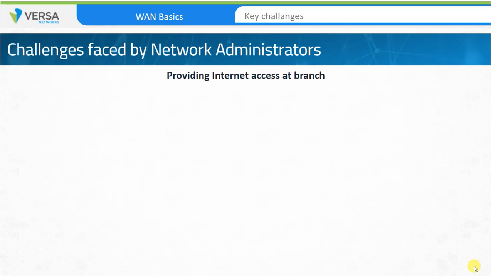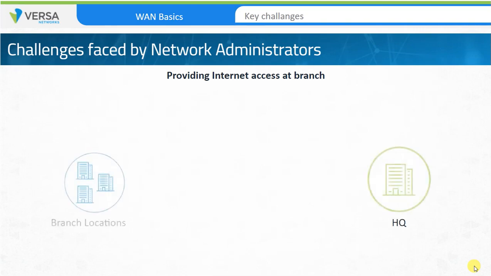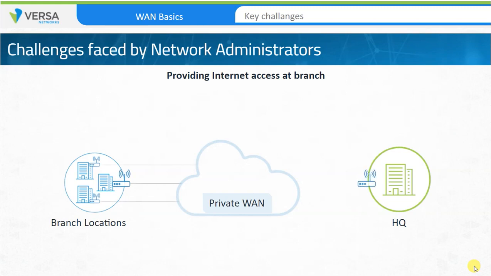Another challenge is providing internet or public network access. Service provider links are circuits between sites and locations and don't natively provide an internet connection. For internet connectivity, customers need to provide a public circuit. This can be centralized at a corporate site or distributed at each location.